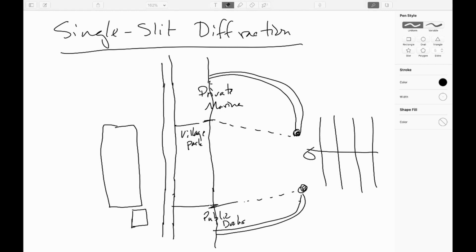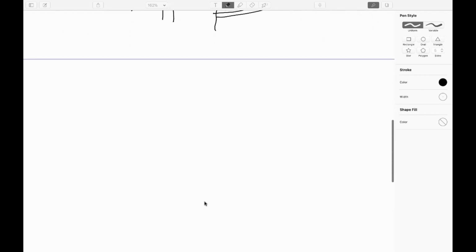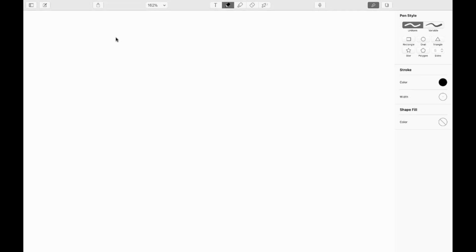So we can now go ahead and transition this to light. So let's say I shine a laser beam onto a single slit, so much like the breakwater that we might have in the water analogy.